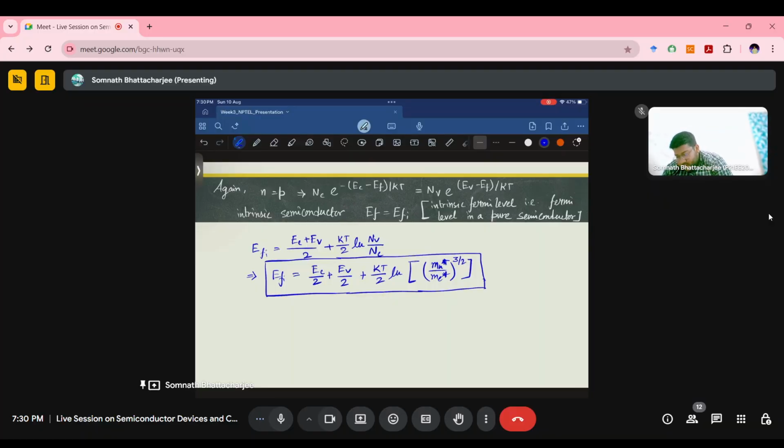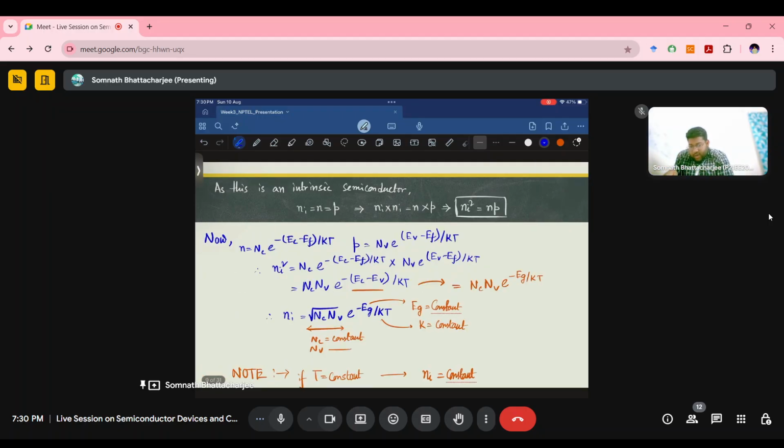Now, all these cases are for the intrinsic semiconductors, where there is no doping and no impurities in the semiconductor itself. What we have done until now is, based on the Fermi levels and the probability of finding an electron or hole in the conduction band or in the valence band, we have equated the values of n and p.